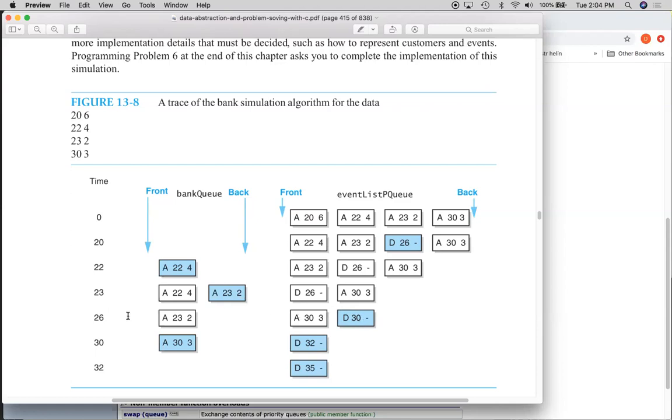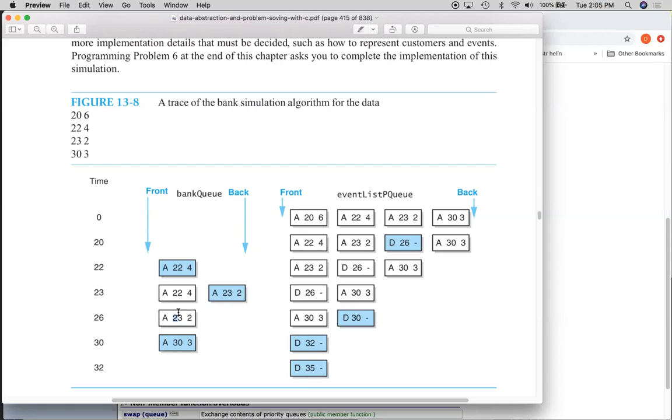So this is actually going to be two calls to the priority queue, right? The first one gave me the arrival event at time 30, and then I'm going to call the event list priority queue again to give me this event, which is a departure at time 30. And so when we process this departure at time 30, what happens is we are going to take this event from the front of the bank queue and create a departure event from it.